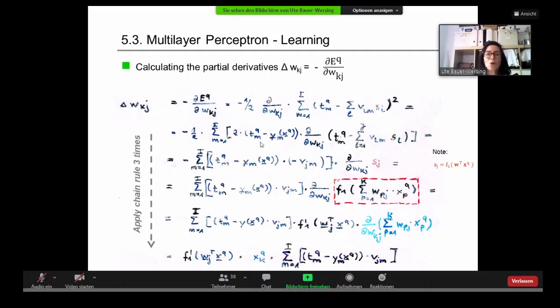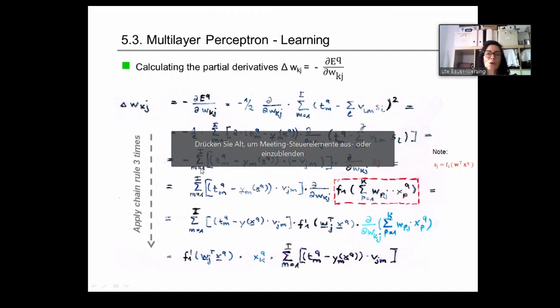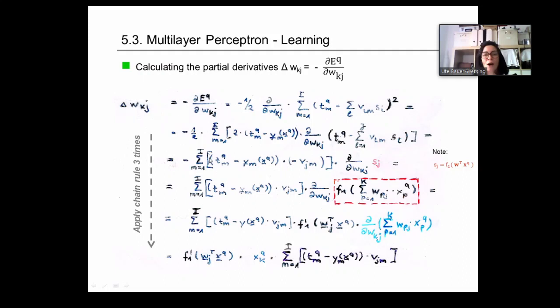So what we get here is the sum over the neurons in the output layer from m equals 1 to I, and we get the difference between the target value and the current output value of the mth neuron.